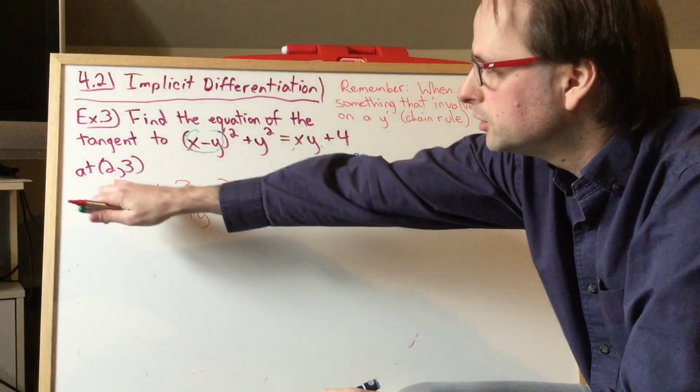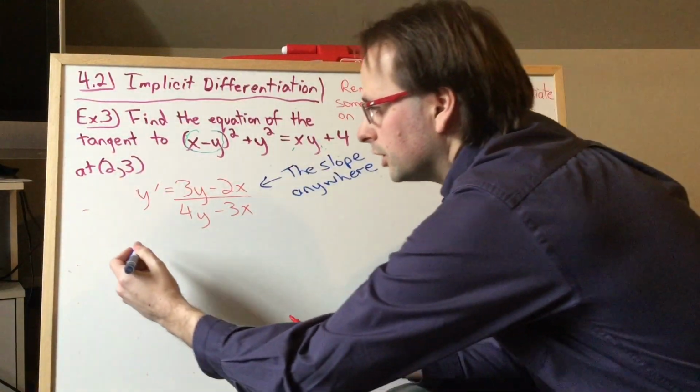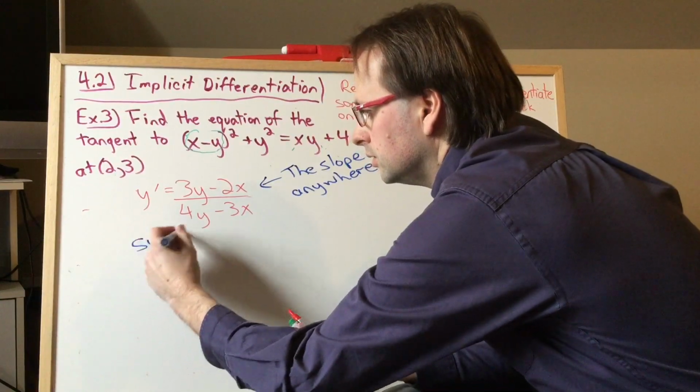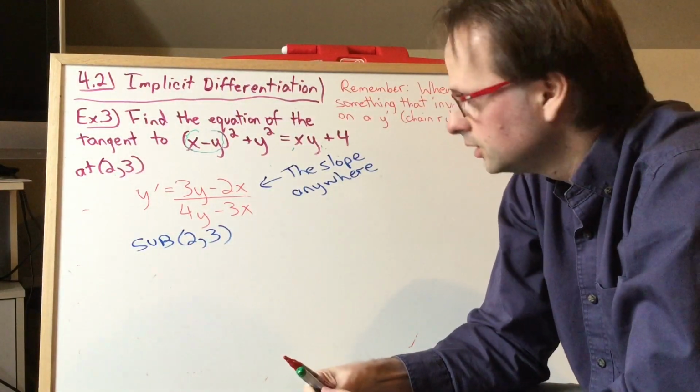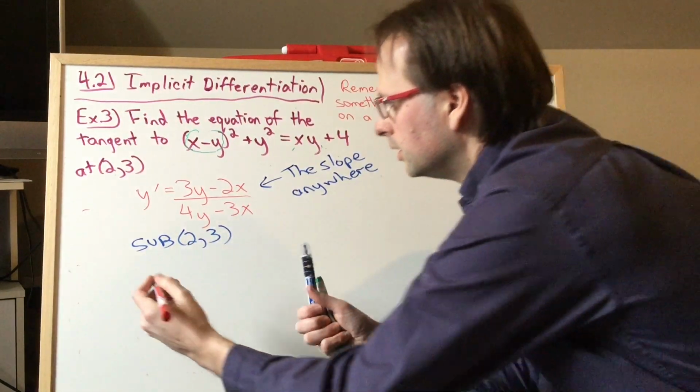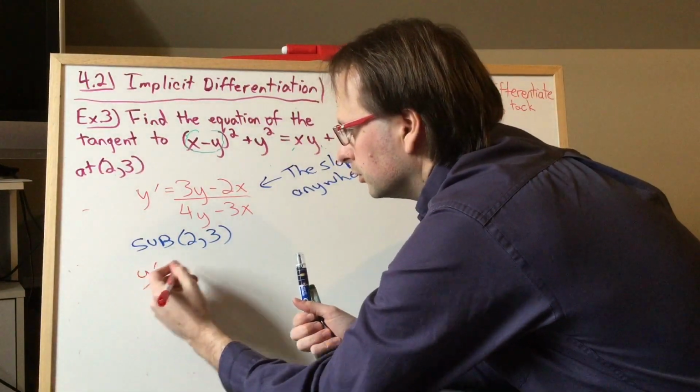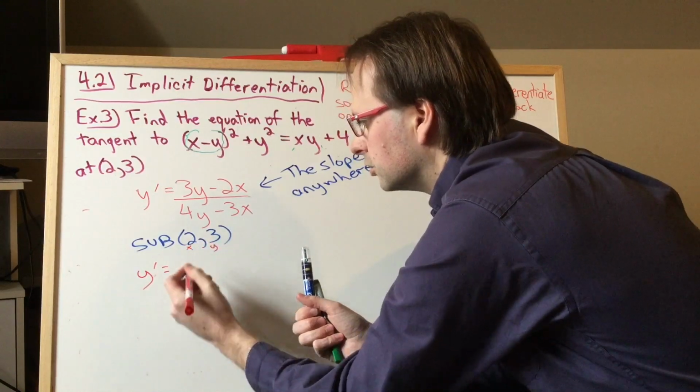So if we want the slope at 2, 3, we're just going to sub in those x and y values. Okay, let's see what that will look like. So y prime equals, let's be clear here, this is the x, this is the y.